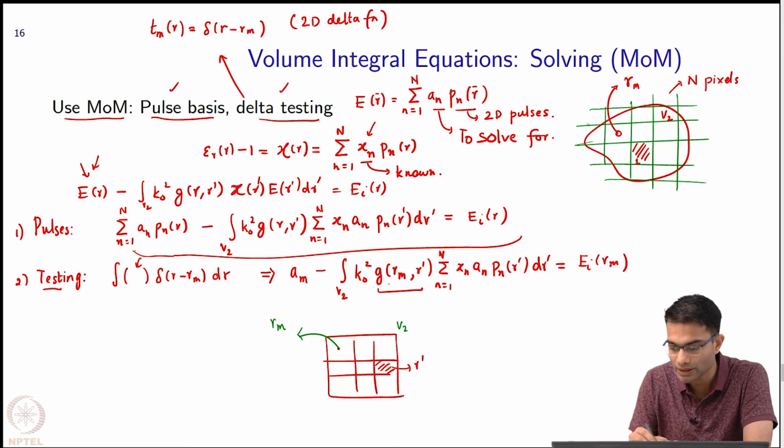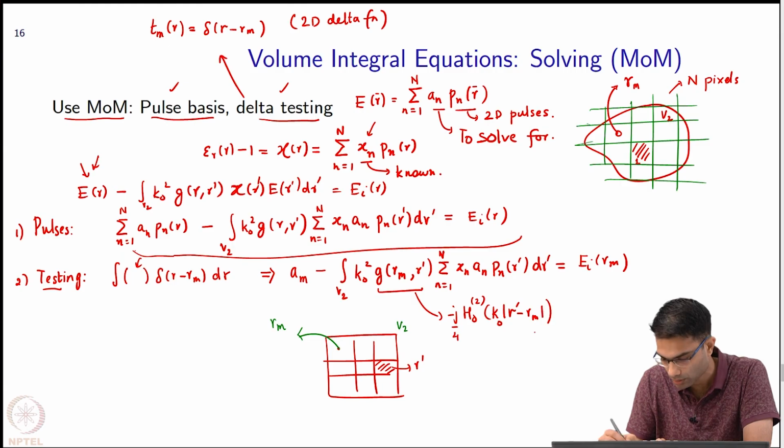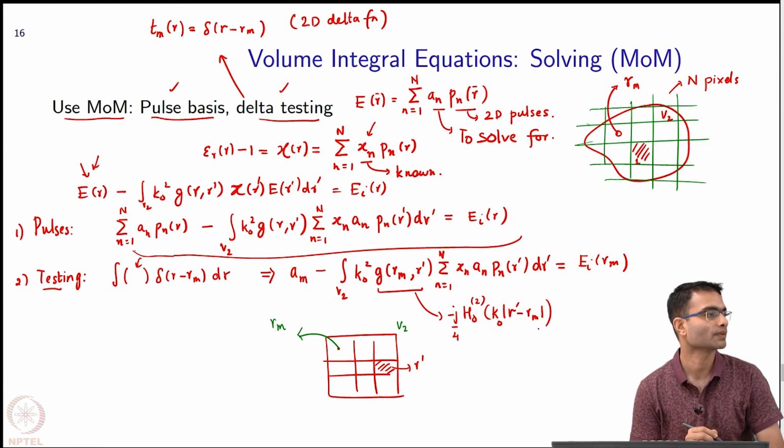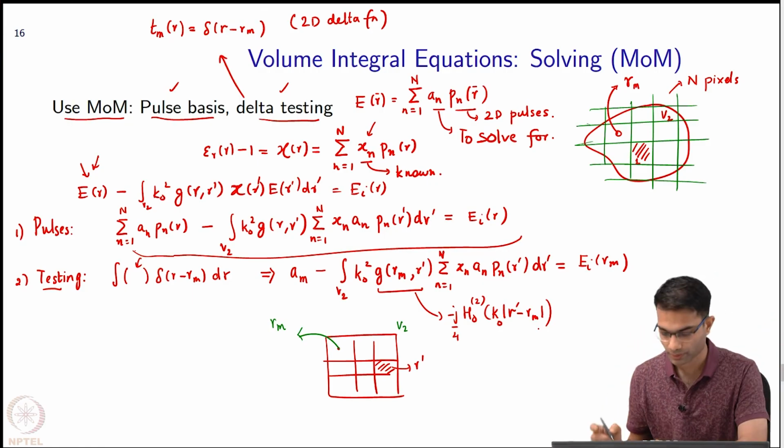So, then g of r prime, what was this function? This was minus j by 4 H naught 2 of k naught times the magnitude of r minus r prime, right. That was the definition of Green's function. Take the 2 points and take the distance between them, that is what it was. So, then what remains?